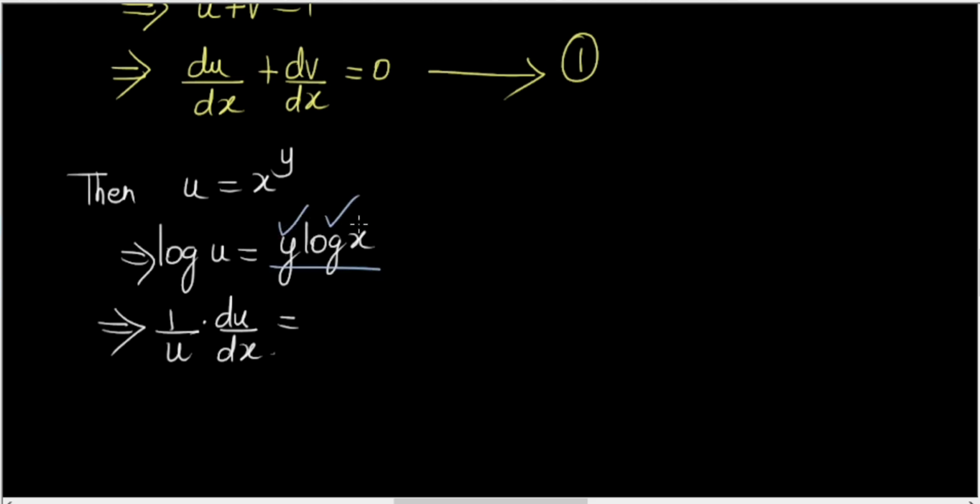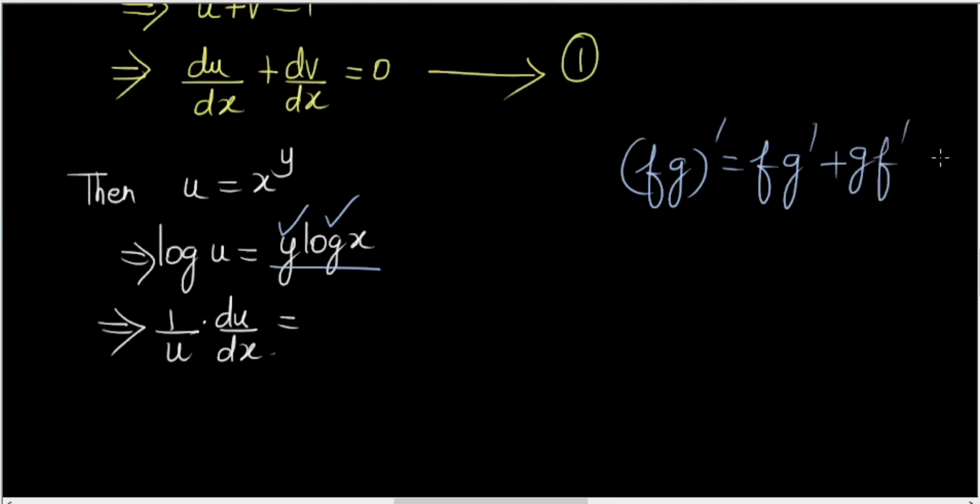So two individual functions are in the product form, so we'll apply our product rule. Product rule says whenever the two functions are in the product form, we keep the first function as it is, times the derivative of the second function, and plus symbol. We write the second function as it is, times the derivative of the first function. So this is the pattern we are going to follow now.